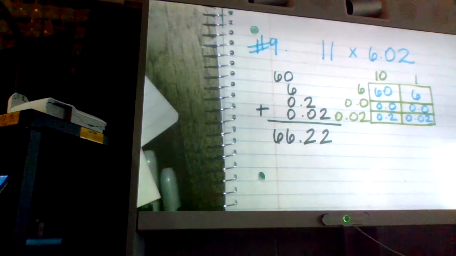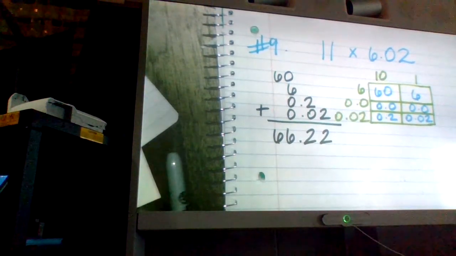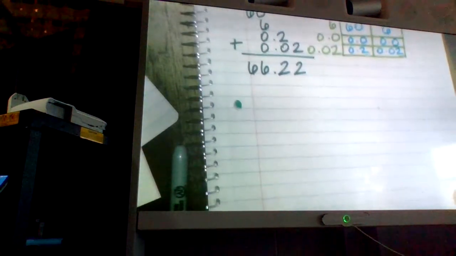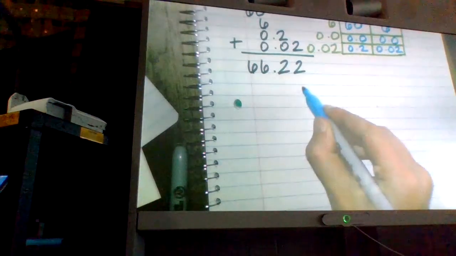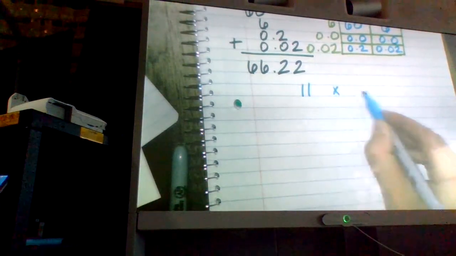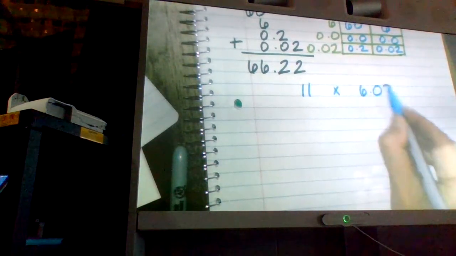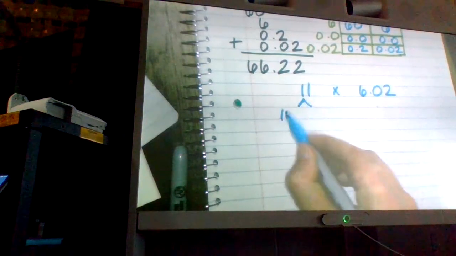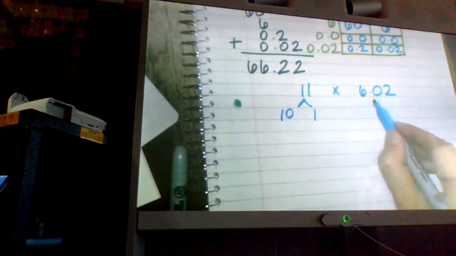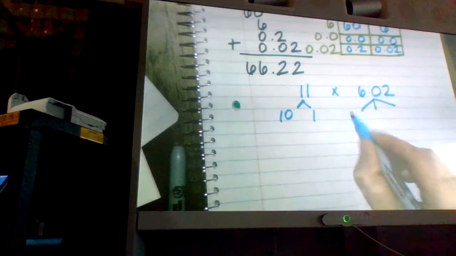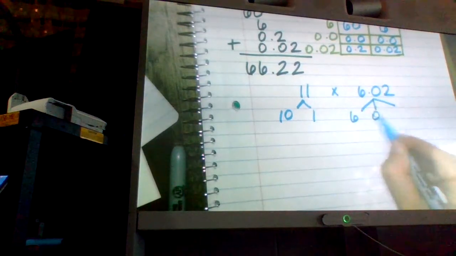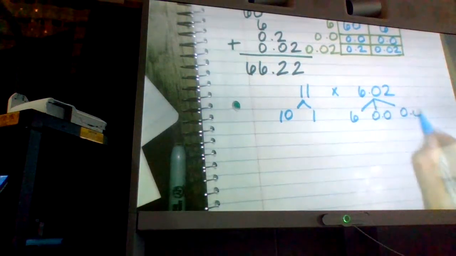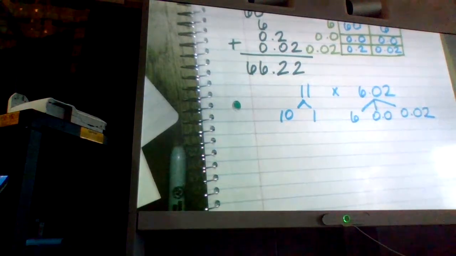I'm going to solve this again using a number bond. So a number bond is just an area model without the boxes. So here we go. I have 10 and 1. And I have 6, 0 and 0/10, and then 0 and 2/100.